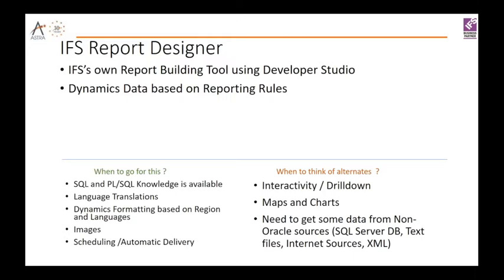Or if you're looking to put a US map out there and say every state has this many open orders, or this many open cases. Such a chart or a map is where you will need to start thinking of other alternatives, which we'll talk about in a minute.